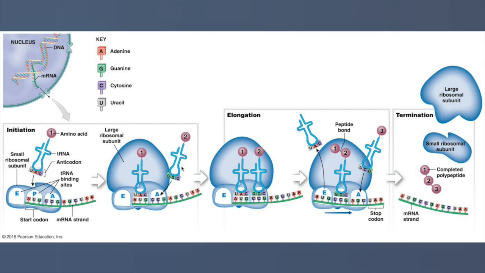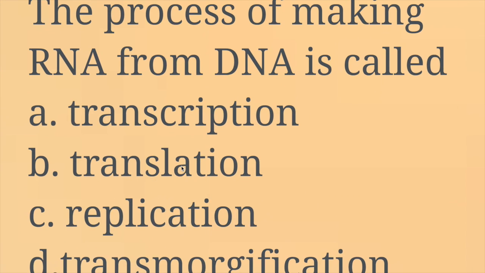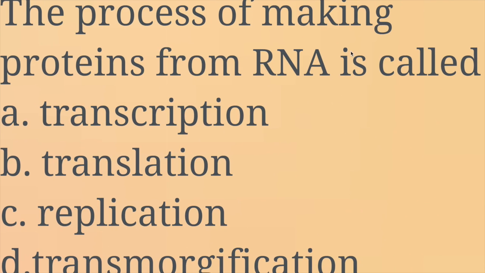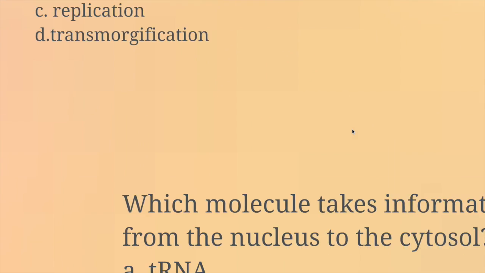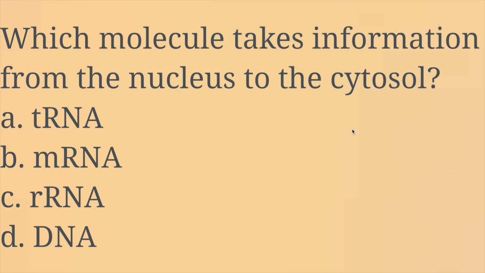So now I have some review questions. The process of making RNA from DNA is called, and hopefully you got transcription. The process of making proteins from RNA is called, and hopefully you picked translation. And which molecule takes information from the nucleus to the cytosol?